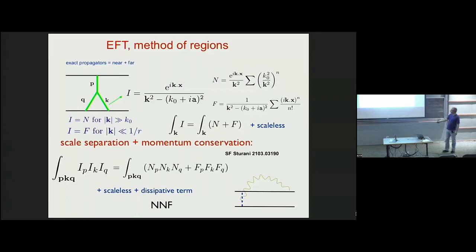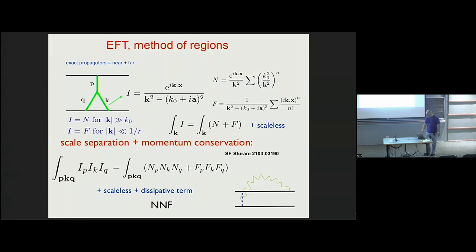Well, when you have 2N and 1F, you have a diagram like this, and this is purely dissipative. Okay, so this does not contribute to the conservative dynamics. And the other limit, NFF, is forbidden by momentum conservation because you have two very low momenta, they cannot sum to give a very strong momentum. Okay, so this is the essence of the method of regions, and it has been applied unconsciously for decades.